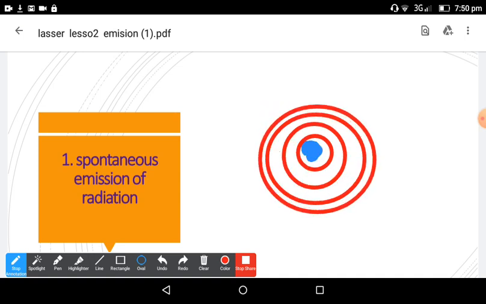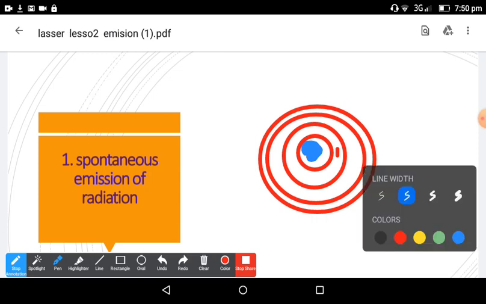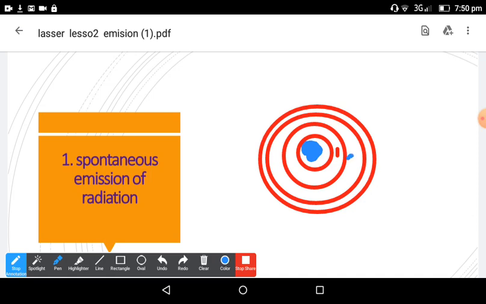These electrons have various energy levels in various orbits. The first orbit is denoted by 1, then orbit number 2, 3, 4, and so on, depending upon the atomic number Z, the number of protons or electrons.